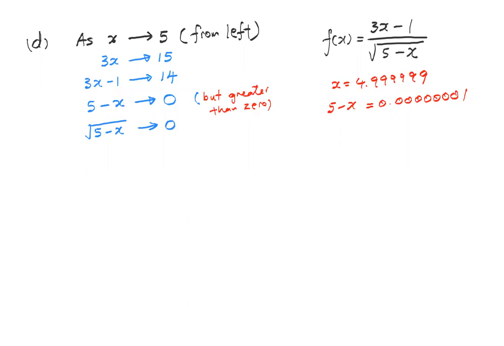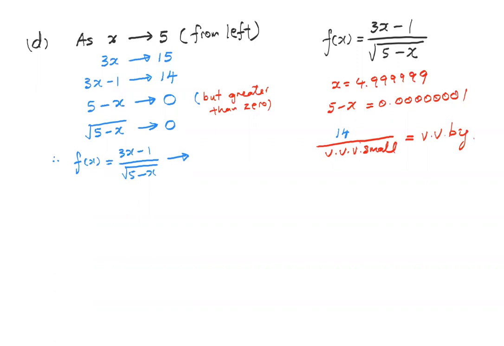So therefore, my f(x), which is (3x minus 1) over the square root of 5 minus x, will approach 14 divided by a very, very, very small number, which will become a very, very big number. So therefore, it will approach positive infinity.